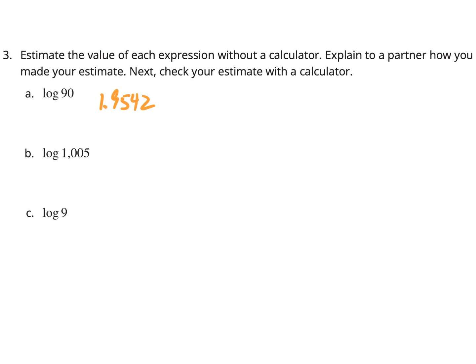Log 1005 is 3.00216, so this becomes 2. And then log 9 becomes 0.95424, so that stays 2. So there we go. And you notice log 90 and log 9 had the same decimal approximation.